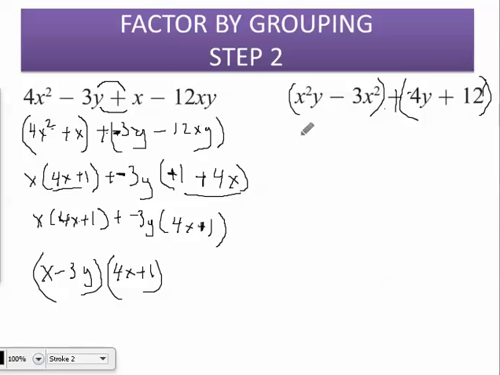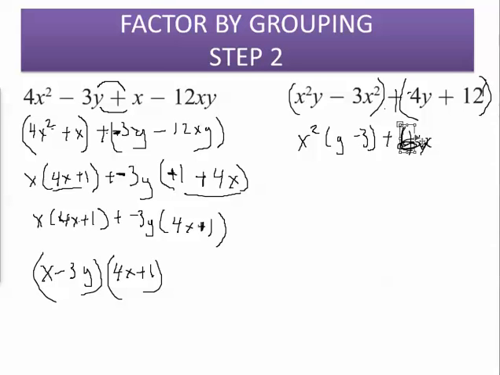So when I take out the x squared out of this term, I'm going to get y minus 3 plus 4x or 4y. Nope, not 4y. Jeez, sorry, messed up there. Back up, erase. Think. You got to make certain you do it right.